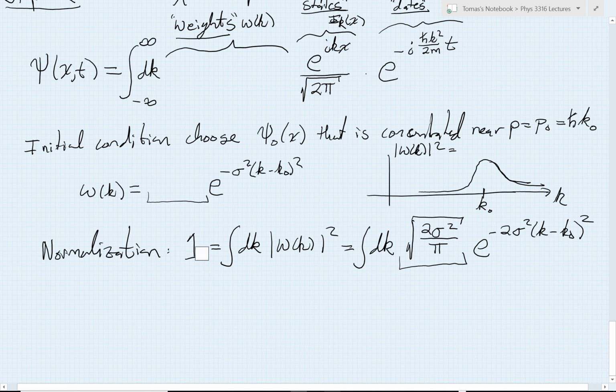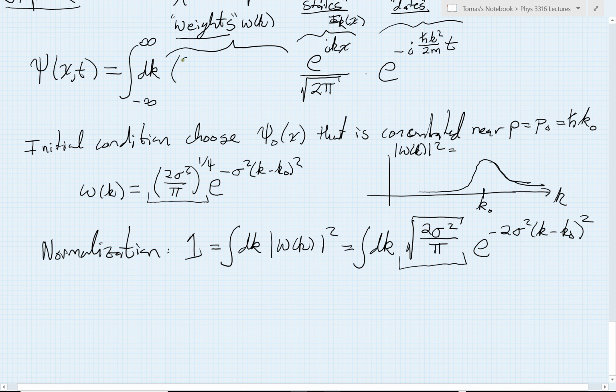This will actually integrate to the needed 1, and that tells me that omega squared, the weight squared, was the product of these two factors. So my prefactor is the square root of this factor. This weight is going to be 2 sigma squared over pi to the 1/4 power. Now that I've chosen this as my initial condition, I can put it into my weights up here.